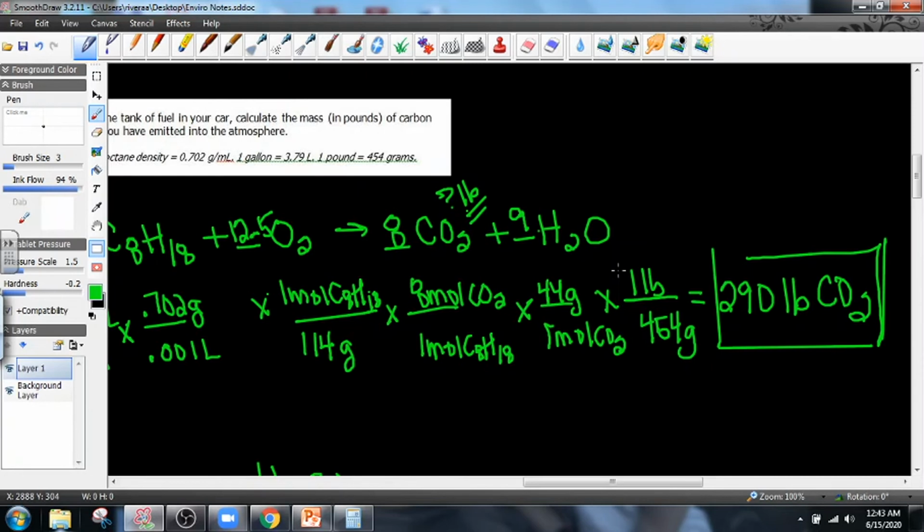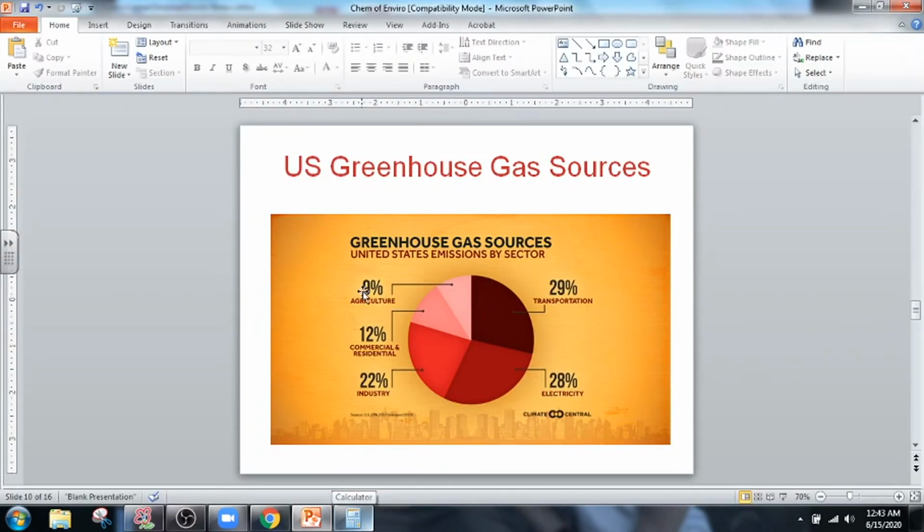So maybe we should be carpooling. Yeah? Annual global CO2 emissions are around 24 billion tons. Look at some graphs. Where does most of our emissions come from here in the United States? Well, you can see transportation and electricity. This is what's going on in your homes, industry, agriculture, etc. Commercial and residential is more of your other things in your home besides the electricity that's pumping out everywhere across the country.